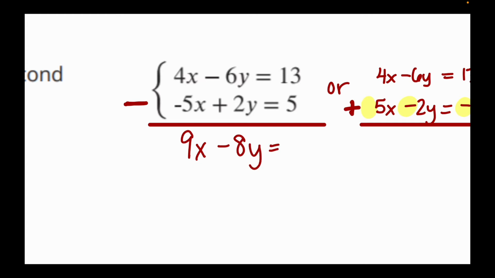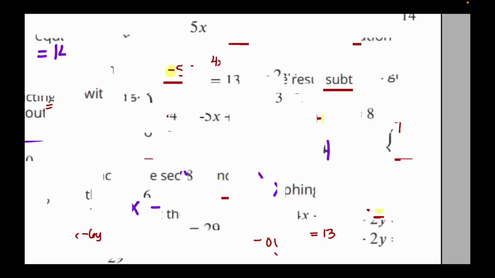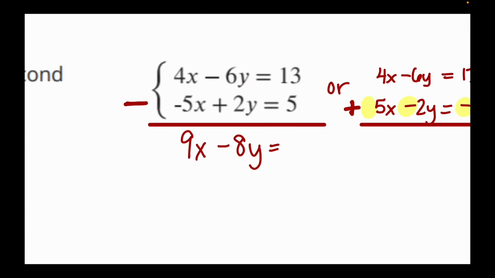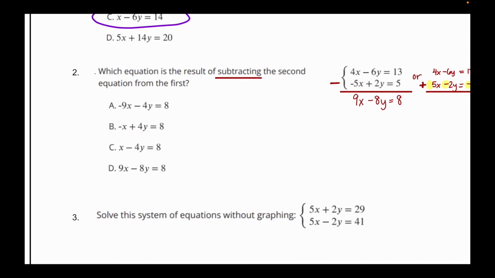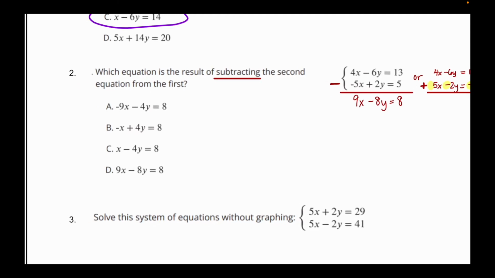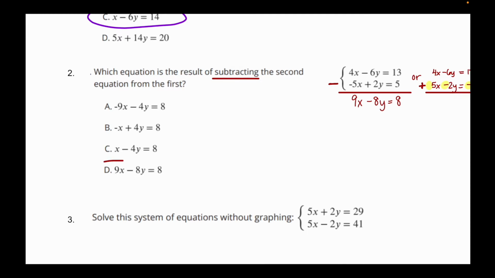And then here on the right, we're going to have 13 minus 5. So 13 minus 5 is 8. And so now I'm going to look and find that and see if that's one of my answers. 9x minus 8y equals 8. I do see that in my answer, so that is going to be D as our answer here. So our answer is going to be D.